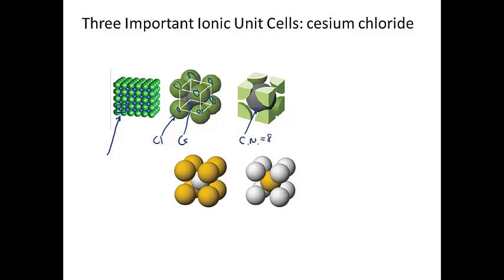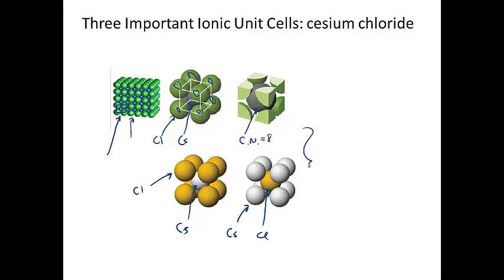This is the one unit cell where the cations and anions can be thought of to switch positions, and it makes no difference. So here we can have a simple cube of chlorides with the cesium occupying the hole in the middle, or you can have a simple cube of cesium with the chloride occupying a hole in the middle. If you look at this structure, you can envision both of those happening.